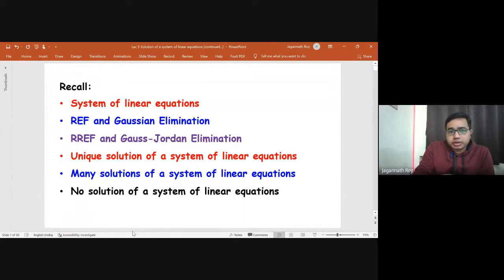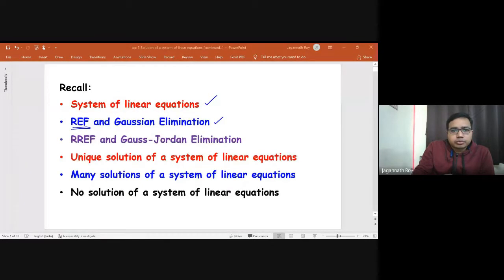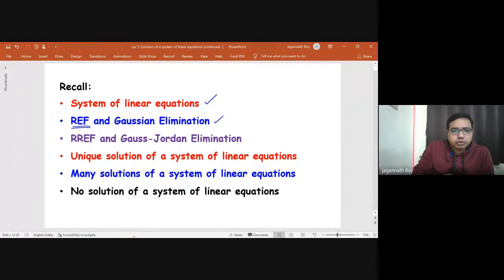We have studied how to find the solution, and we have seen that if we do Gaussian elimination, then we will get the row echelon form. And if we do Gauss-Jordan elimination, then we will get the reduced row echelon form.